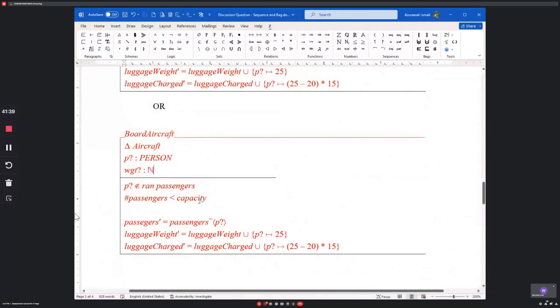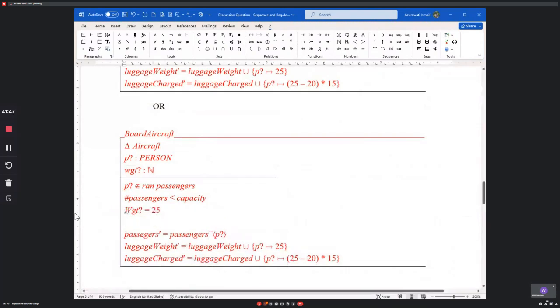So you can actually have it like this, weight equals to 25 if you want the value weight here. Then here will be weight, here will be weight also.